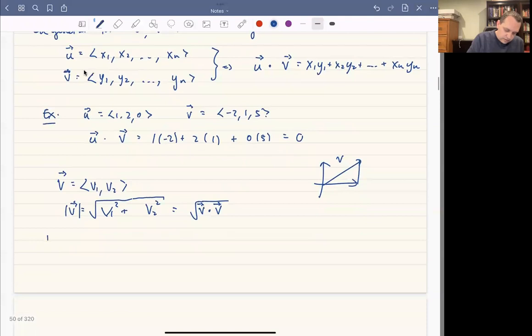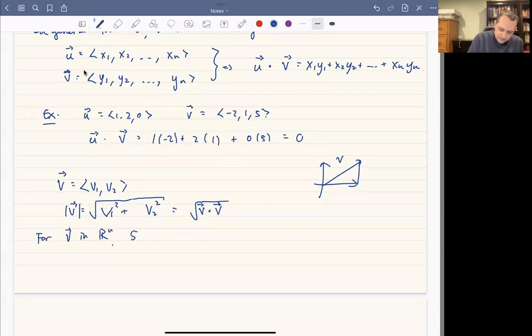And in general, in Rn, if I have v as the vector (v1, v2, all the way up to vn), it'll be the same story. The length of v is going to be the square root of the sum of the squares of its components.